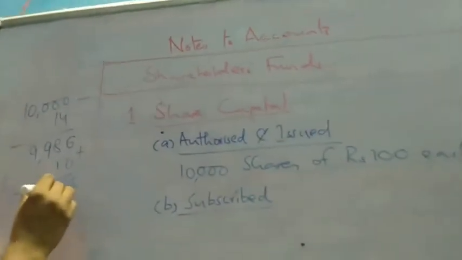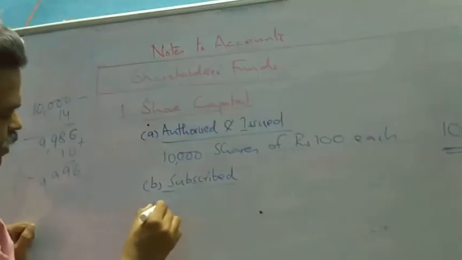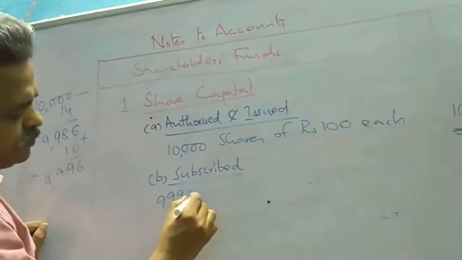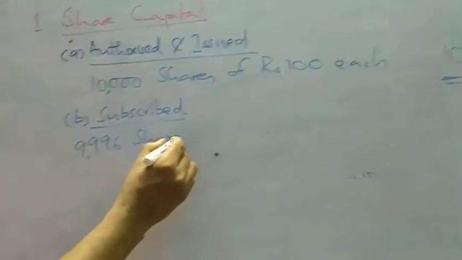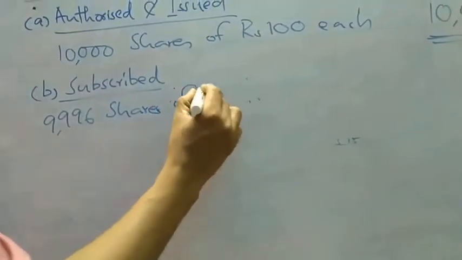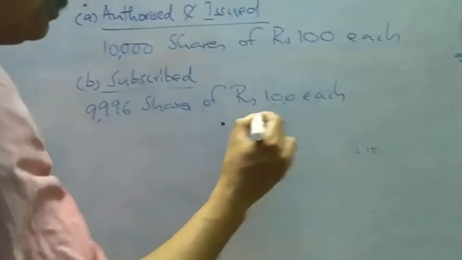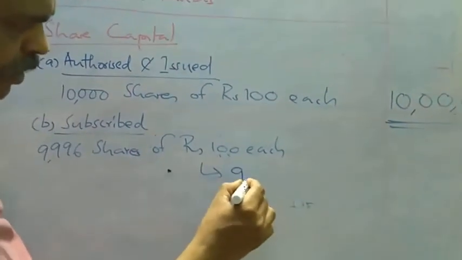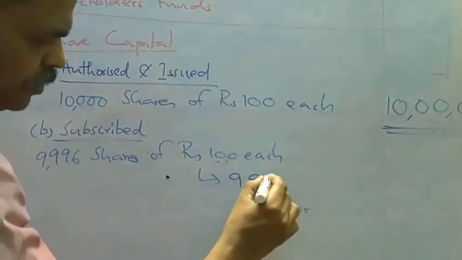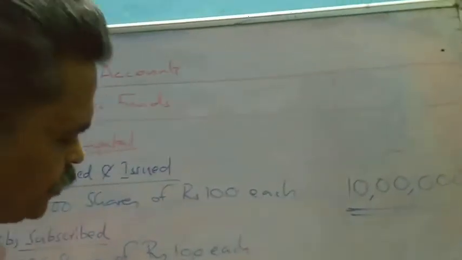So it will be 9,996 shares of rupees 100 each. Amount will be 9,99,960.